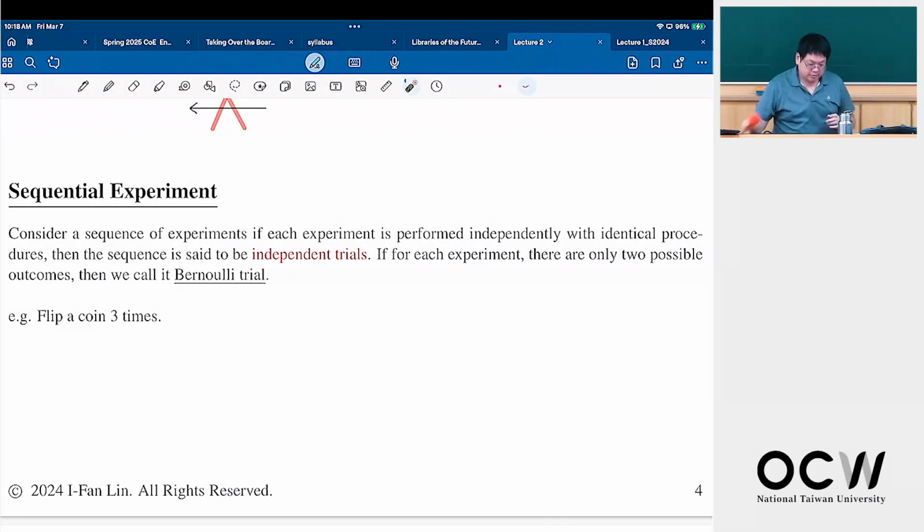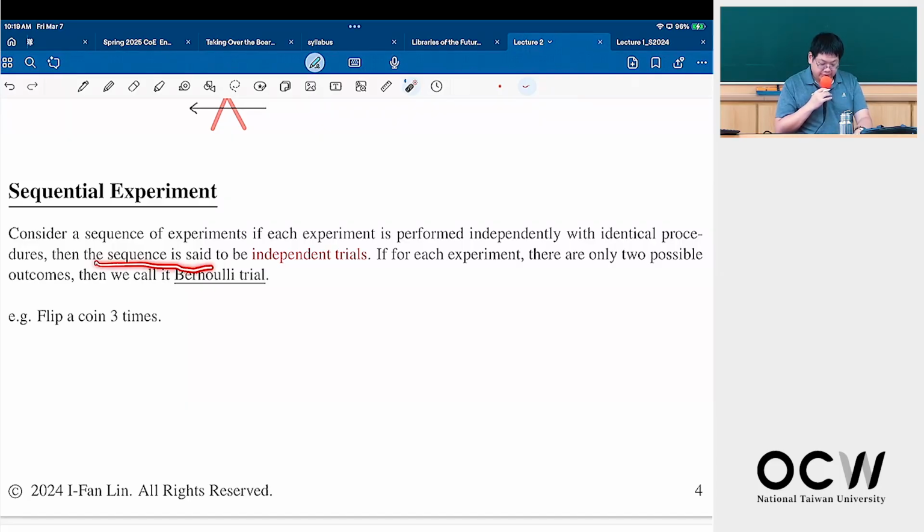Okay, now let's continue. The next one is called the sequential experiment. What is a sequential experiment? We consider a sequence of experiments if each experiment is performed independently with identical procedures, like I flip the coin, or I roll the die, or I turn on the light, turn off the light.